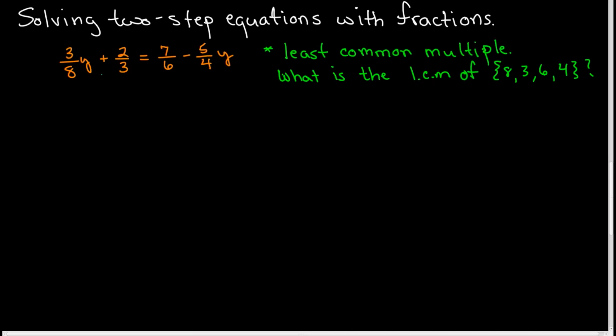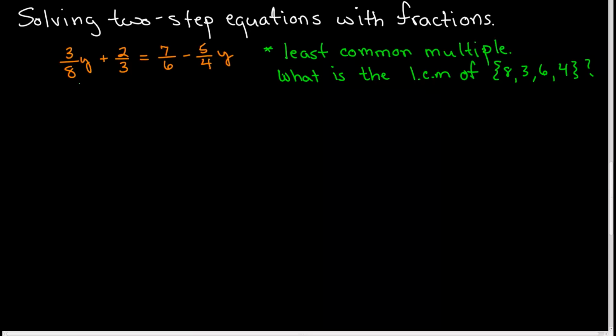What will 8, 3, 6, and 4 go into? Well, try throwing some numbers out. What about 8? Well, 8 will go into 8, 4 will go into 8, but not 3 or 6. What about maybe 12? 3 will go into 12, 4 will go into 12, and 6 will go into 12. But 8 won't go into 12.